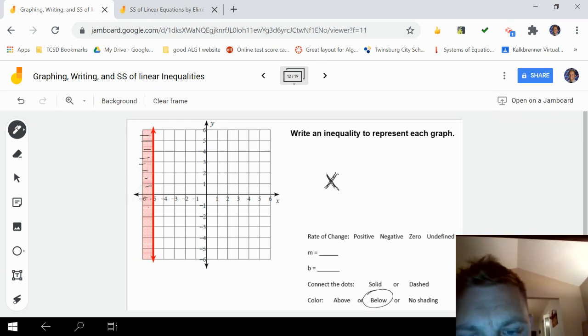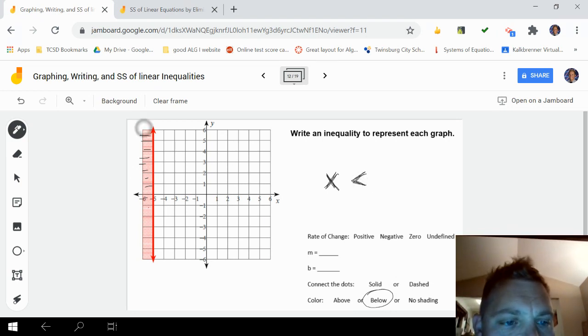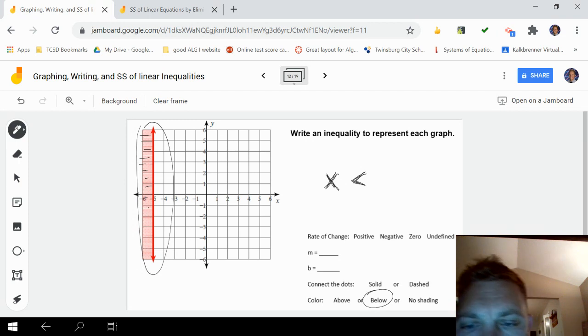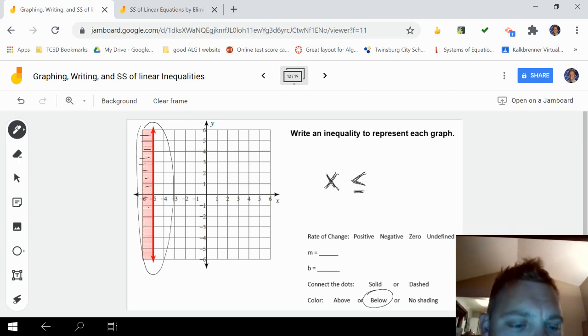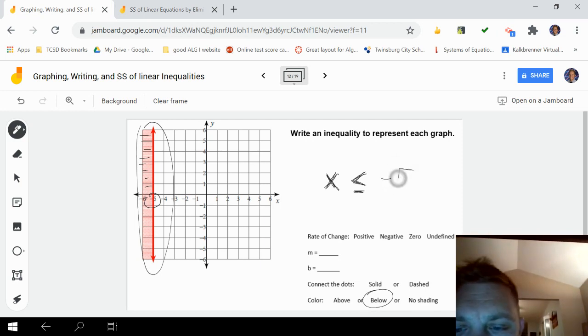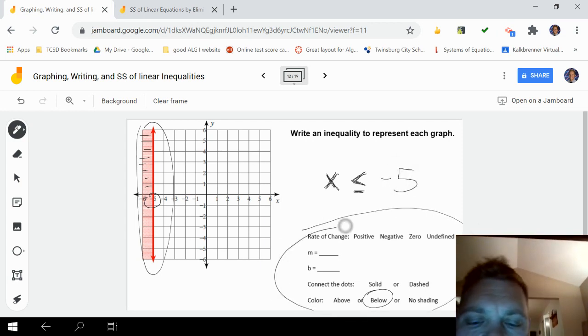So we're going to have the left sign show up there. Is this solid or dashed? It's solid, so we're going to have that reminder underneath. And then what's my value? My value is -5. All right, so I can use this stuff, but I'm getting pretty good at this now where I don't think I need to use the cheat. But if you need to use the cheat, by all means, write that down and you'll be good to go.